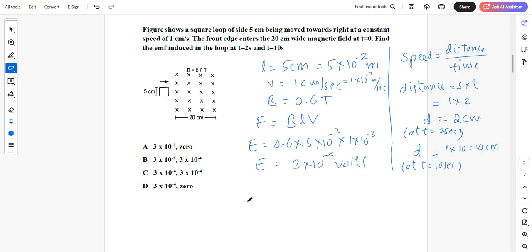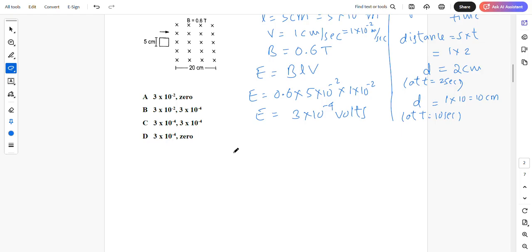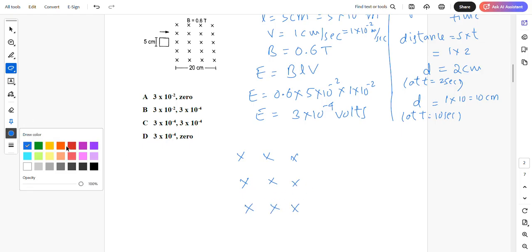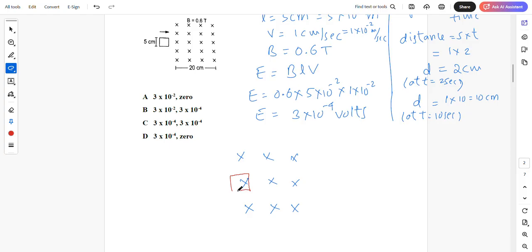Now when it enters 10 centimeter inside, in the very first case at t is equal to 2 seconds, it is entering just 2 centimeter.